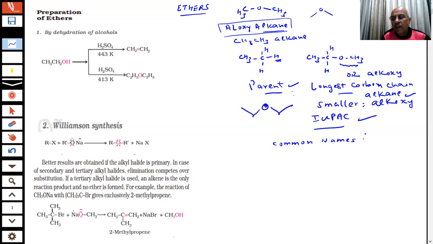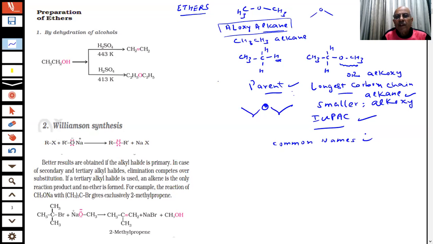When the compounds are simple compounds which are given in the books again and again, they will not give the IUPAC name in the exam. They may give the common name. So we have to know the common as well as the IUPAC name. The IUPAC name is easier to name because it is based on certain rules, which once we learn, we can name it.